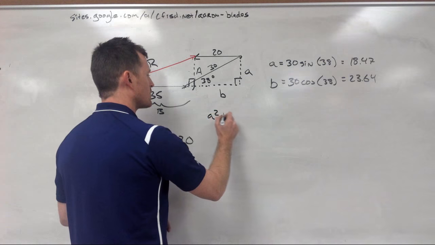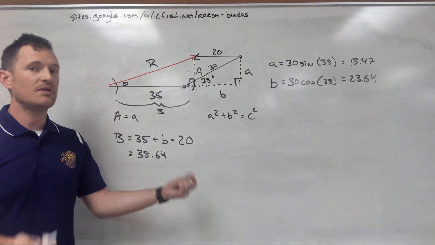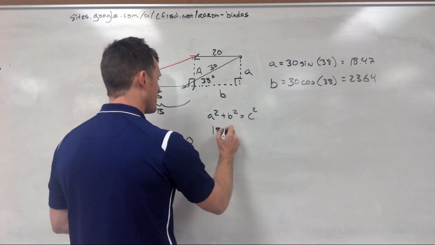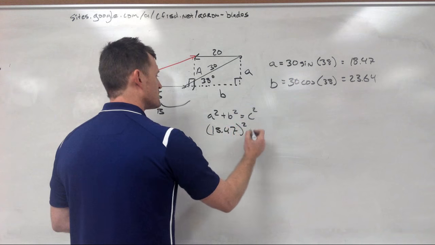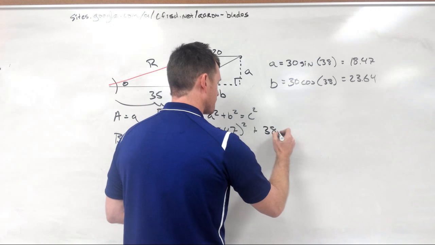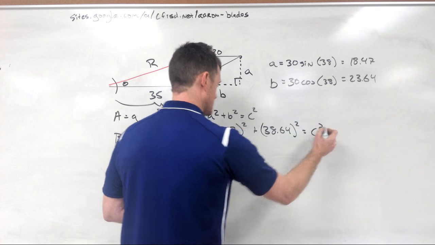Now we can solve for the length of r. We're familiar with a squared plus b squared equals c squared, which is the Pythagorean theorem, and we can use that here. So A is our 18.47 squared plus our 38.64 squared equals c squared.